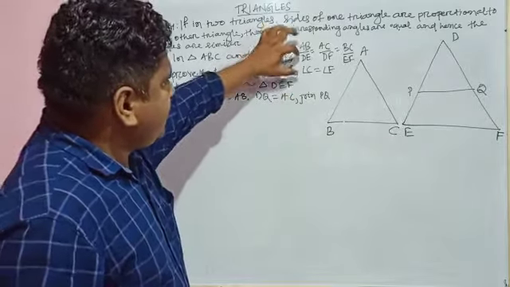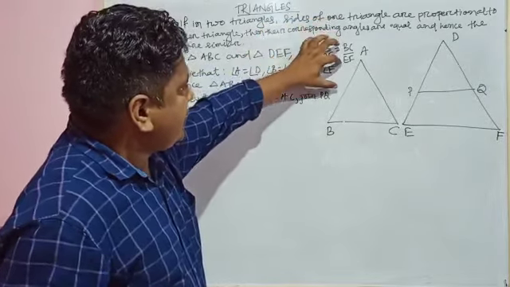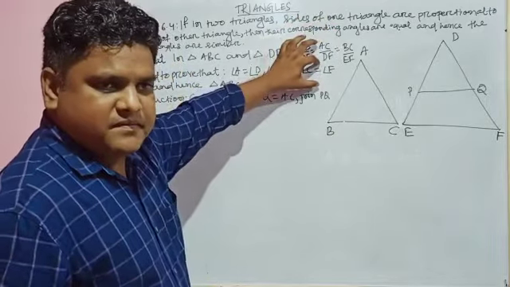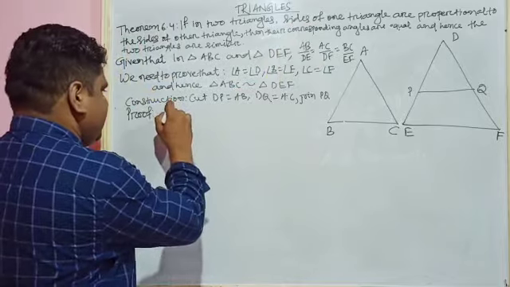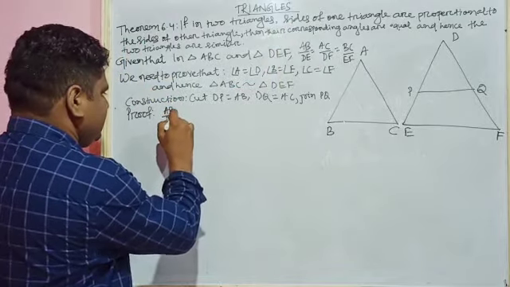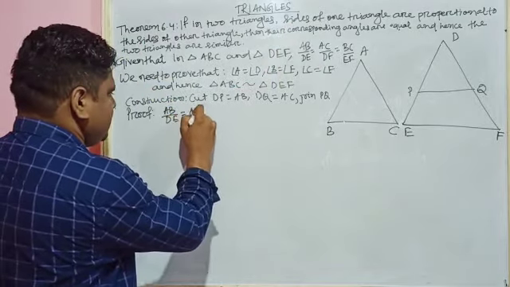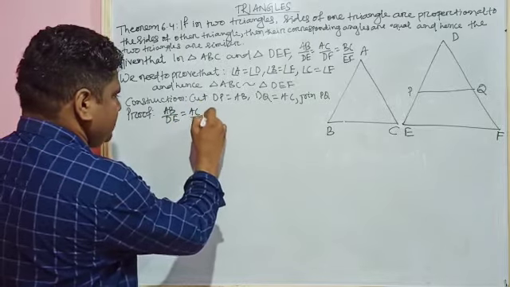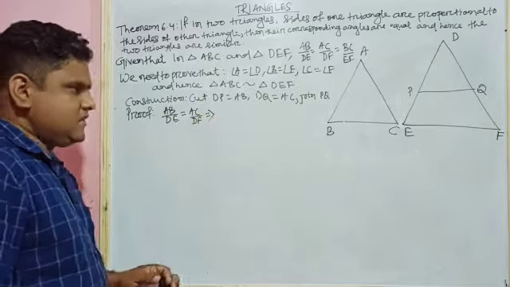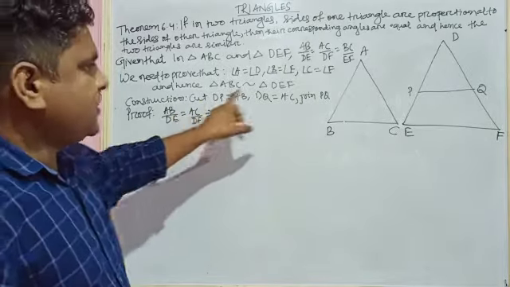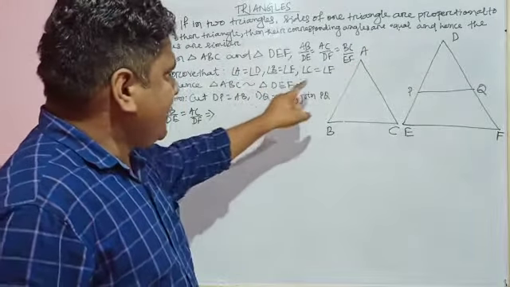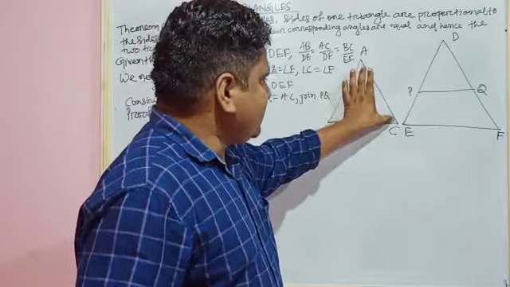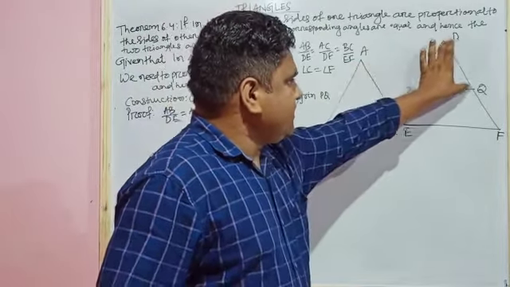We have AB by DE equal to BC by EF equal to AC by DF in given. So let's write that. First, AB by DE is equal to AC by DF. Let's write this much. In place of AB, we can write DP as we have constructed, and in place of AC, we can write DQ.